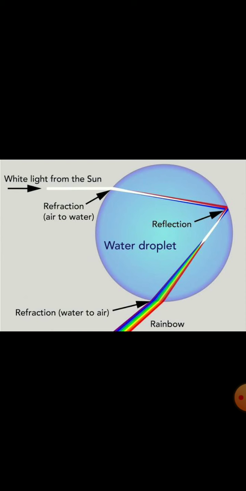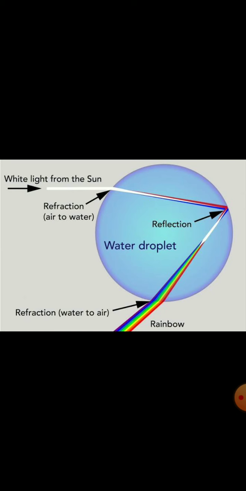And because of these three phenomena occurring together, different colors reach the observer's eye. And lastly, again refraction takes place and it comes out of the raindrop.